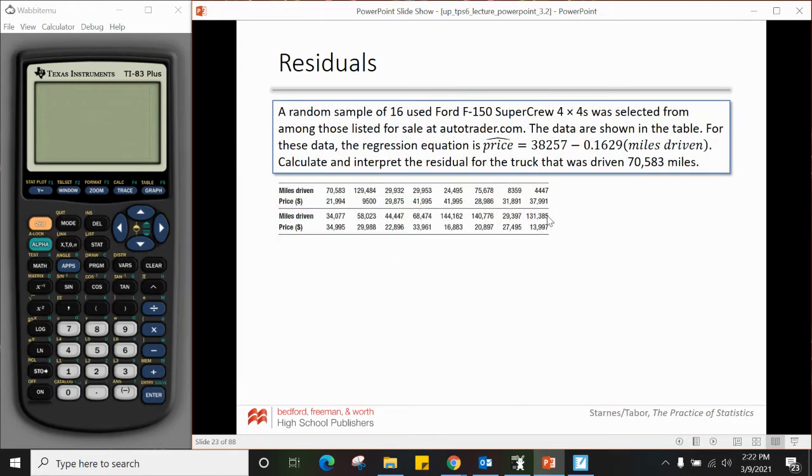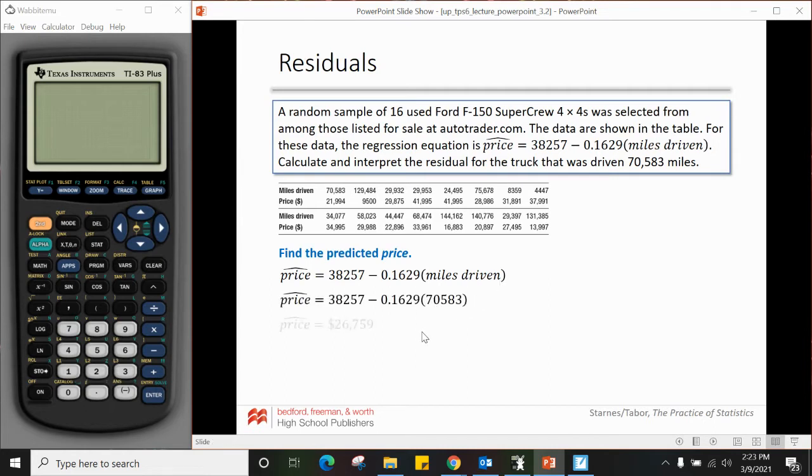So, same problem, same data set. It says calculate and interpret the residual for a truck that was driven 7,583 miles. This is the first data point up here. I have the exact value: it's worth $21,994, but I need the predicted price as well. To find the predicted price, I use my linear regression model and plug this number in.